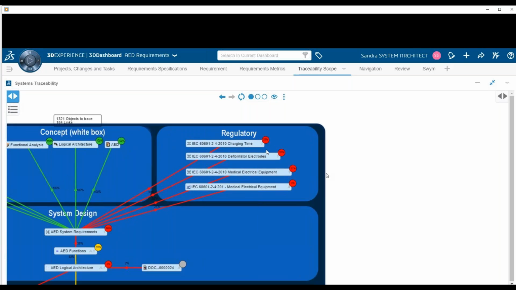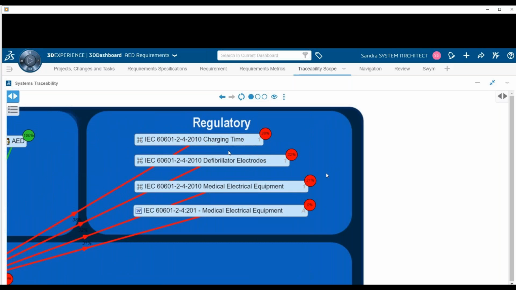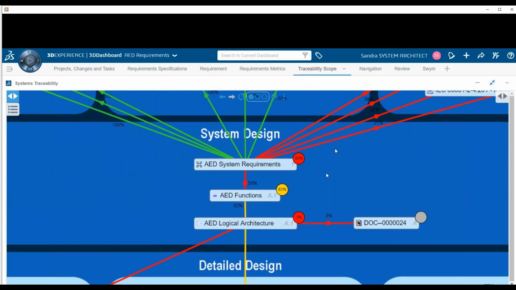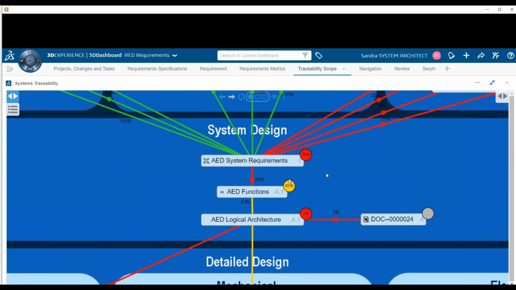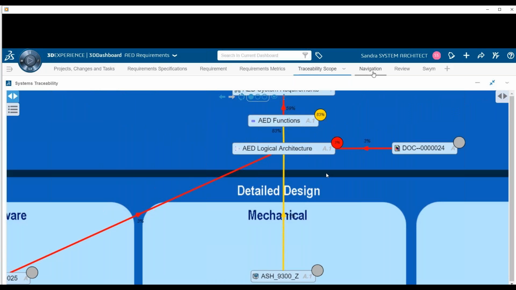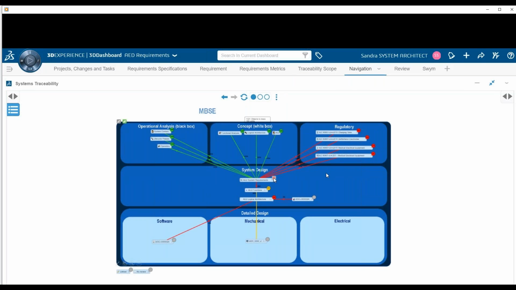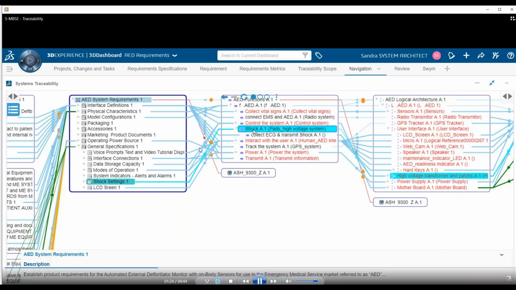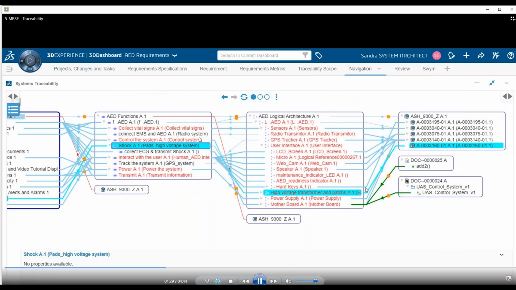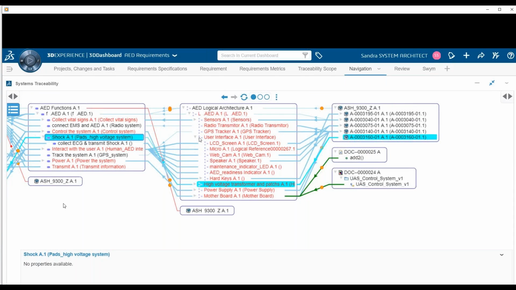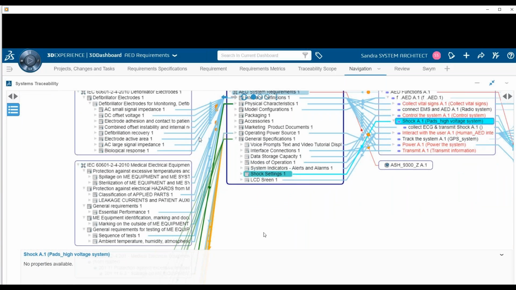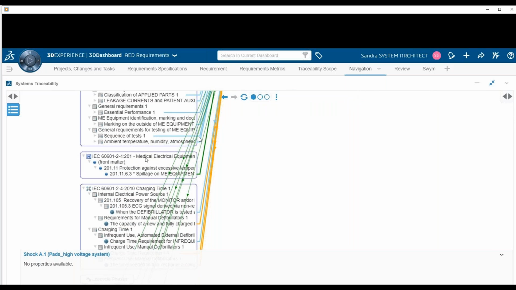So when you use this tool, you can see how much percentage of the requirements are addressed, or what you have done. So you can start from your requirements. You can go to the system model, to the logical model and physical model. So if you are developing an AED or an equipment, you can go from the requirements.